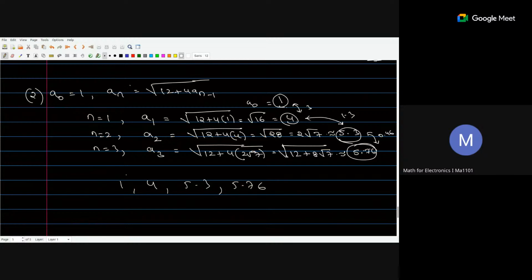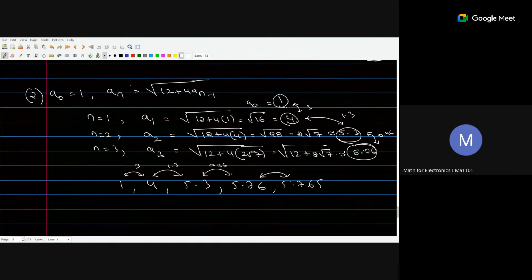So this is what I meant. The difference between the terms is huge at the start, but later on it is slowly decreasing. So this is 3, 1.3, 0.46. If you go for the next term, it will be somewhere around 5.765 or something.